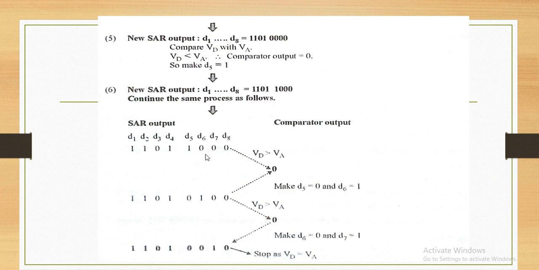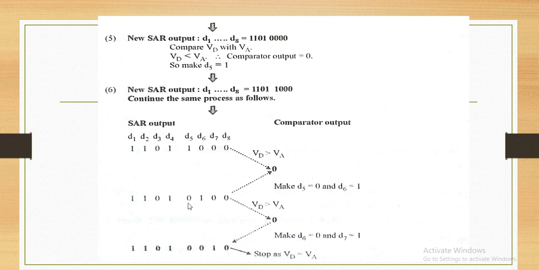Now suppose the next bit, the VD is again greater than VA. So what we have to do is make D5 a 0 and D6 a 1. Okay, so here D5 is made as a 0 and D6 is made as a 1.